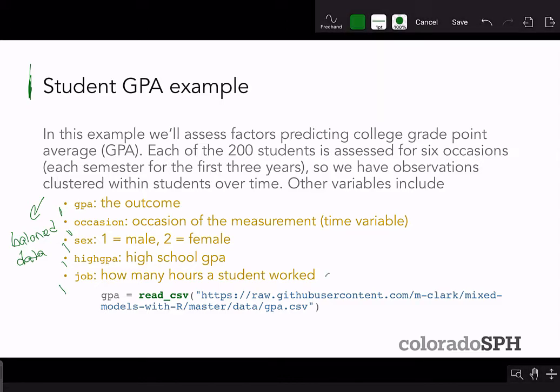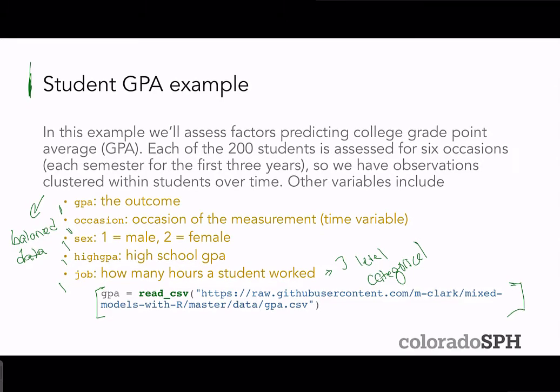And this is actually a 3-level categorical variable. This data set comes from one of the open source textbooks I referenced at the beginning of this lecture. And you can load it in directly from the internet using this line of code here. I'm going to call that data set the GPA data set.